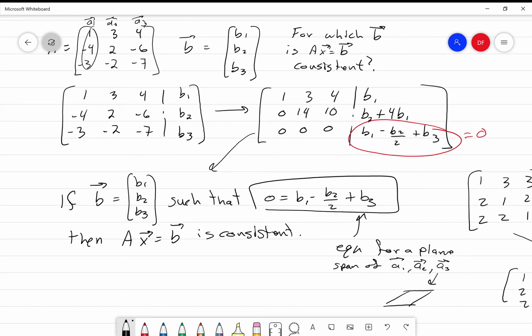So any linear combination of A1, A2, and A3 will end up giving you a vector that points to a point that is on this plane right here, the equation of this plane. And why is that? Well, because for this equation to be consistent, meaning for B to be a linear combination of the columns of A, then I'll need B1, B2, and B3 to be such that this equation equals 0 right here.